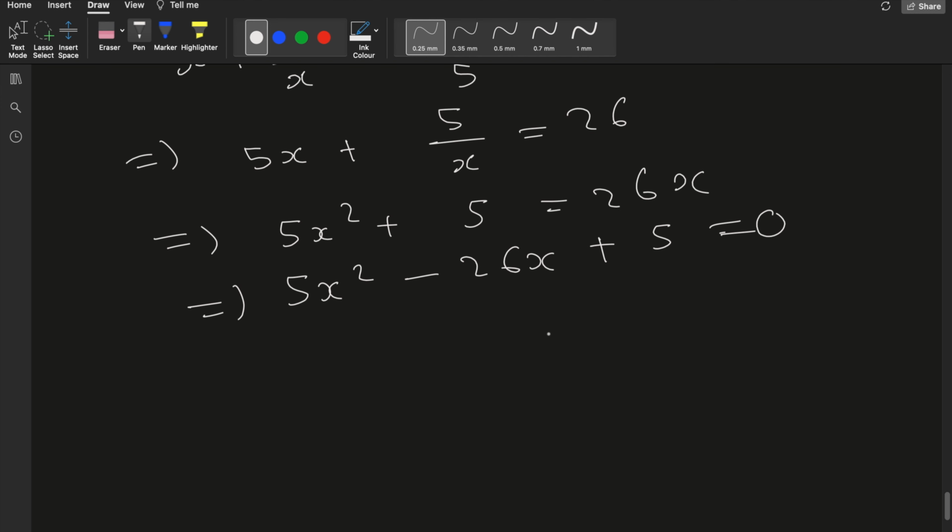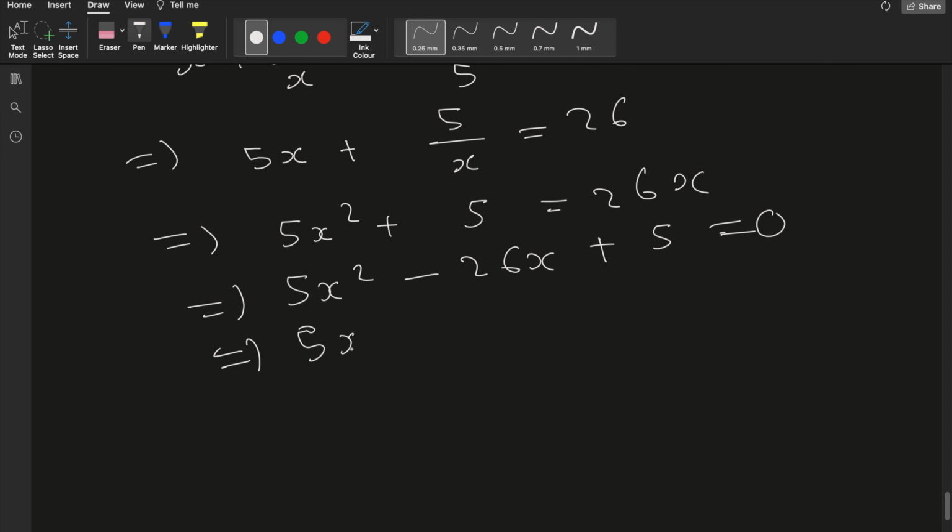Now I think that the simplest method to solve this would be using the third method, splitting the middle term, because we know 5 into 5 is 25. So minus 25 into minus 1 would be 25, and the sum would be minus 26.